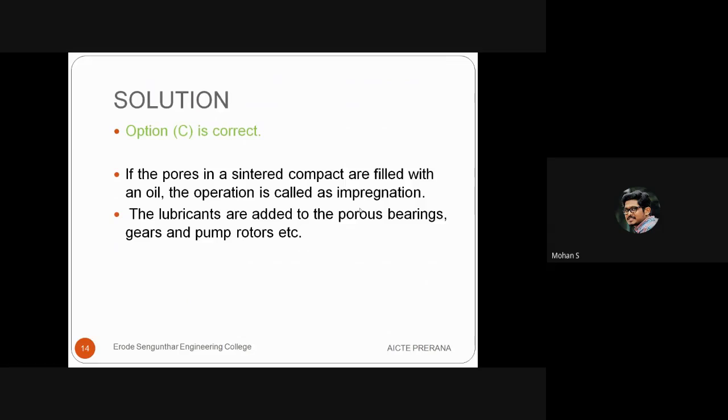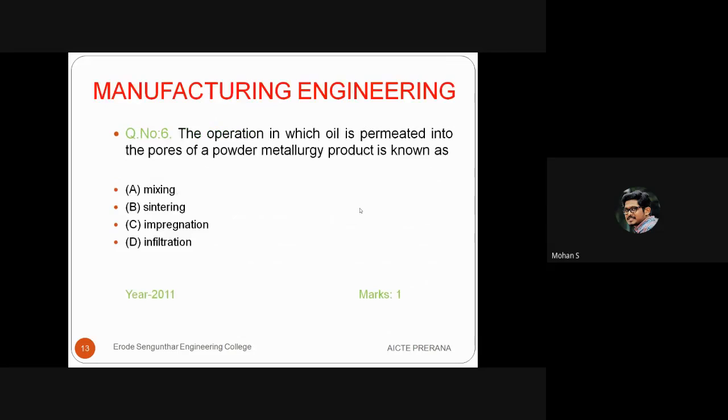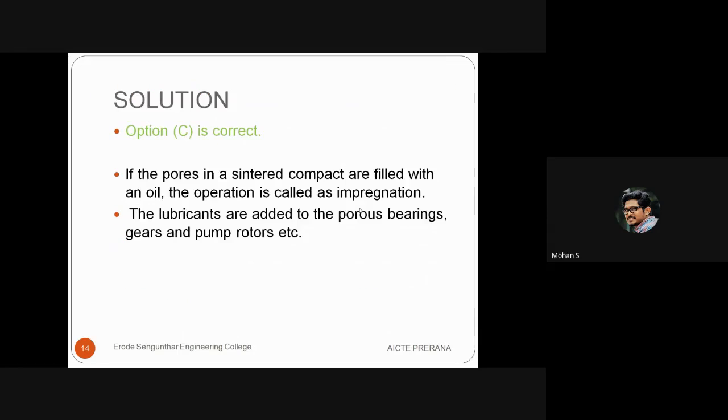Let us move on to the answer. The option is C, which means it is impregnated. Impregnation is nothing but enhancing the property of the material. Already some property is there, but still the pores are considered a defect in that component. So the pores have to be filled by some other means.